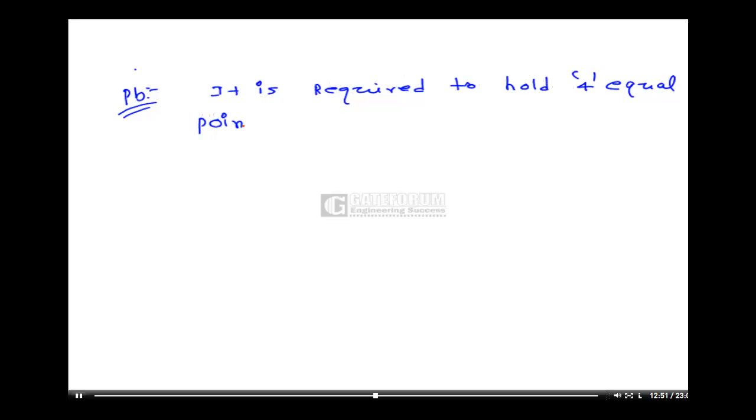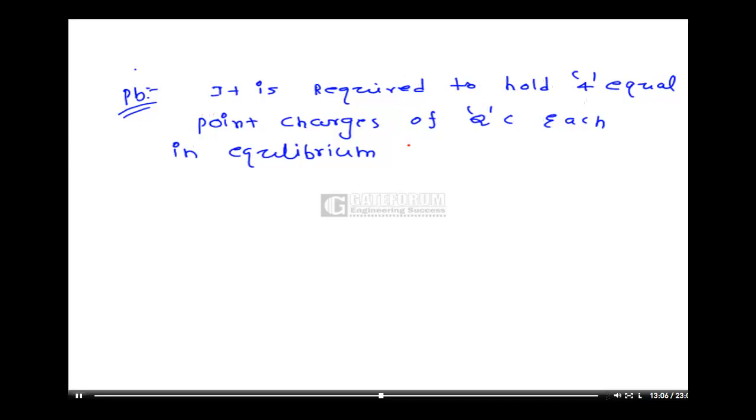Next problem is: it is required to hold 4 equal point charges of q coulomb each in equilibrium at the corners of a square.